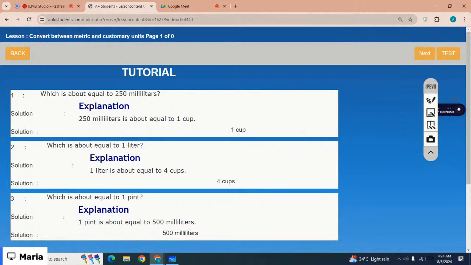250 milliliters is equal to 1 cup, which is about equal to 1 liter. So 1 liter is equal to 4 cups.